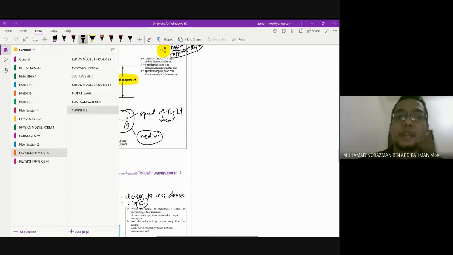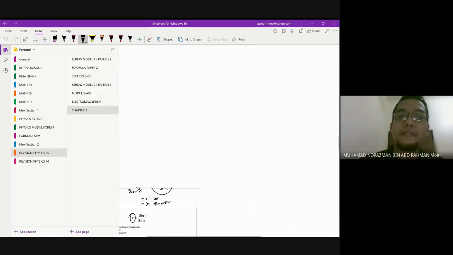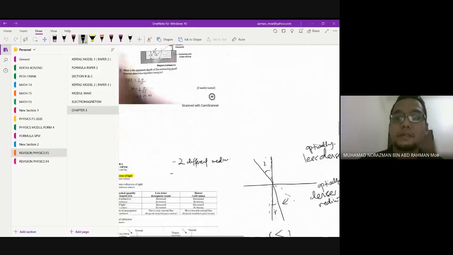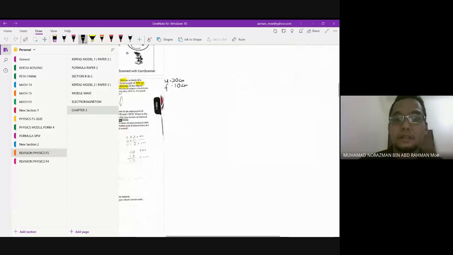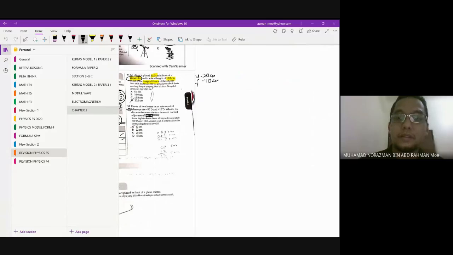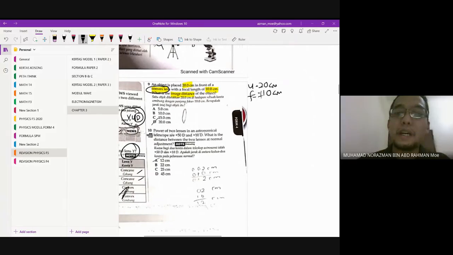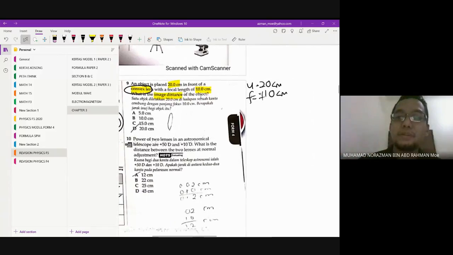Concave lens baru negatif. So, mana tadi? Okay, so this one F positif. So, nasib baik lah. Kalau kita terlupa pun, kita just ambil je value tu pun betul. But if the question is concave lens, then in trouble lah. Sebab dia takkan bagi focal length negative 10. No. Kita kena identify.